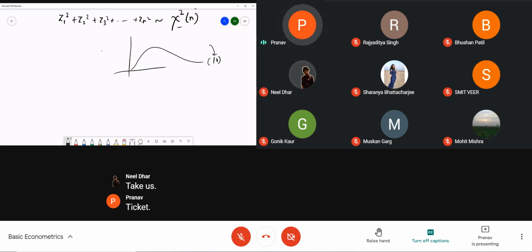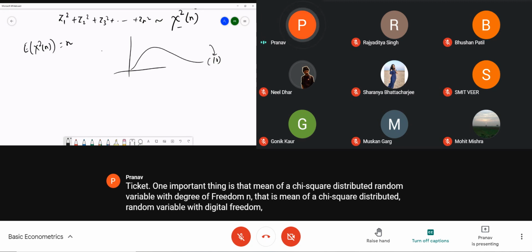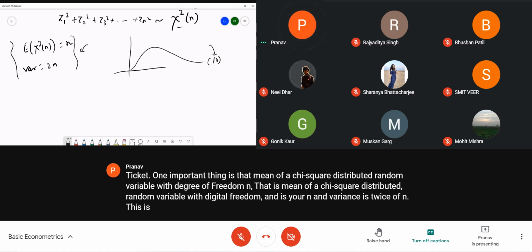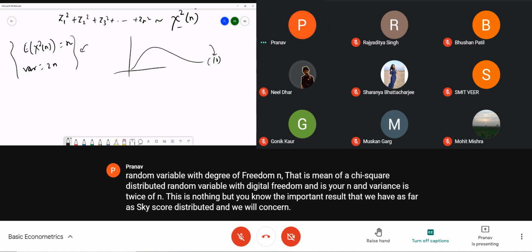One important thing is that the mean of a chi-square distributed random variable with degree of freedom n is n, and variance is twice of n. This is an important result as far as chi-square distributed random variable is concerned.